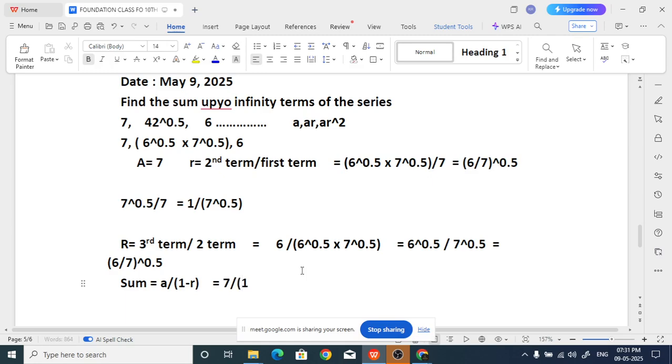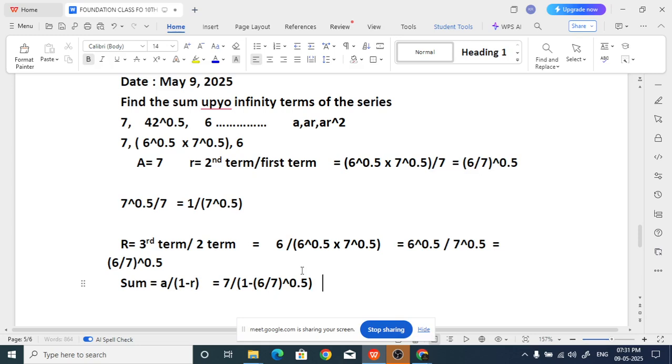So, you put 1 minus, what is R? What is R? We found that. What is R? 6 divided by 7 whole power 0.5. Now you simplify this. How much are you getting?